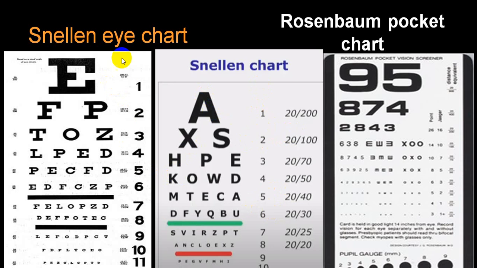So you use that Snellen's chart to identify the acuity of vision. So ideally the person should be able to read the sixth line, 1, 2, 3, 4, 5, and the sixth line. And if he is able to read the seventh line, it is almost 6 by 6. So that is how you go about it.